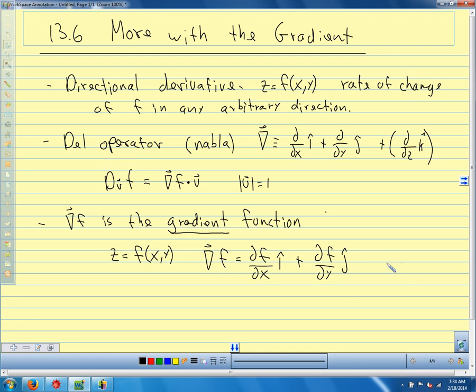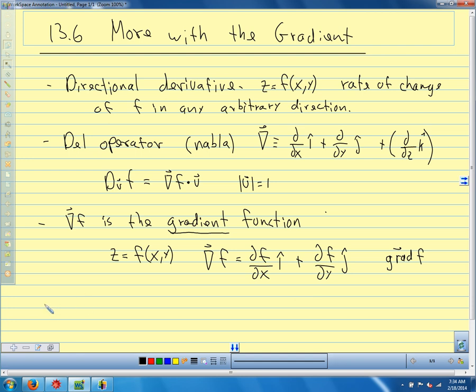And we also said you will sometimes see this written as grad f. When you write it in text, they write it in bold. I just put the little vector over it to remind us that this thing is actually a vector. So there's our directional derivative. This is our gradient function.